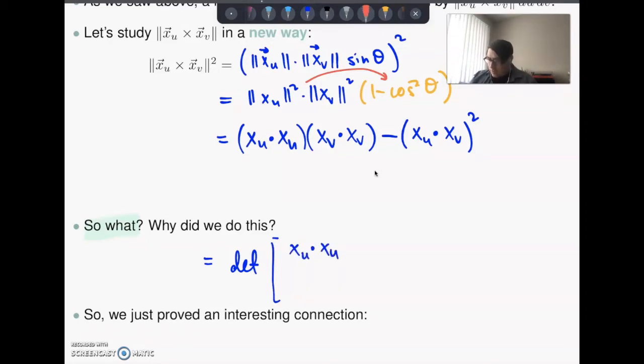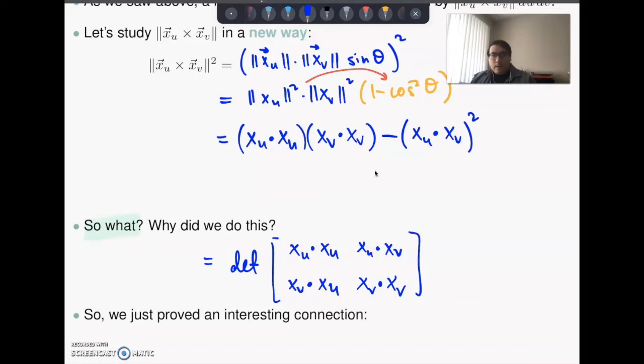I need to multiply these two pieces, so I'm going to put xv dot xv in this corner. And then I have xu dot xv, but then I have to square it. So one way I can write this is as xu dot xv and xv dot xu, because remember the symmetry of the dot product, right?